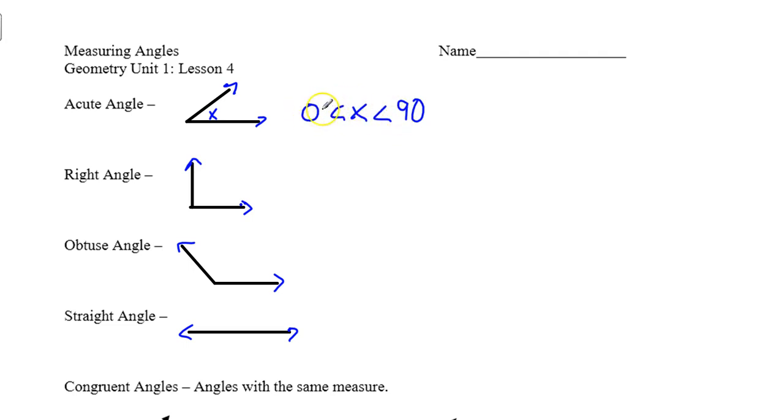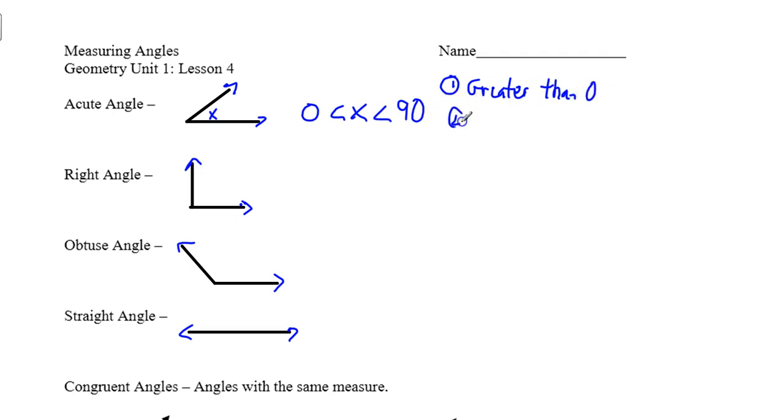One of the mistakes that people make with this is that they don't say both that it's greater than 0 and less than 90. So if we're going to put this in words, those two conditions would be, it has to be greater than 0.